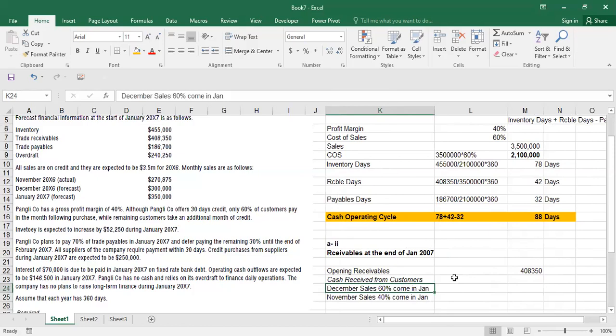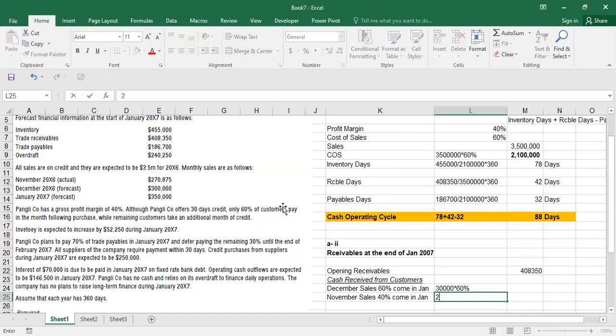Let's make it a little bit like this. Okay, I just create some space. So how much are my November sales? November sales were 270,875, and December sales are 300,000. So 300,000 multiplied by 60%. November sales were 270,875 multiplied by 40%.